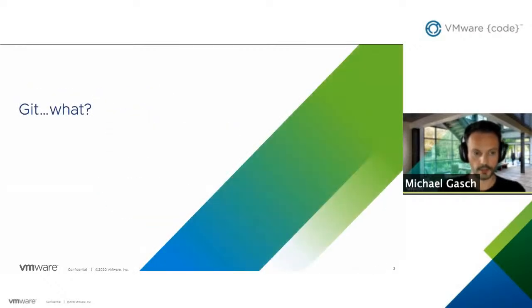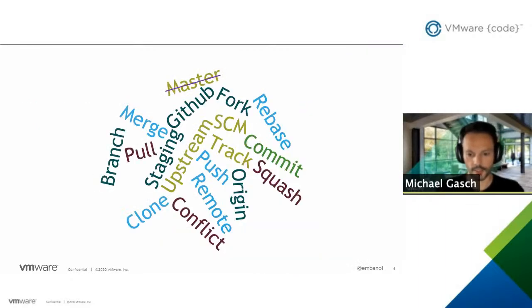Okay, let's quickly start with some slides on Git. I think, especially if you're new to Git or just starting with Git, or you're planning to use Git for a couple of reasons, you might be overwhelmed with all the different terminology that you might come across using Git or platforms like GitHub or GitLab, or reading blog posts.